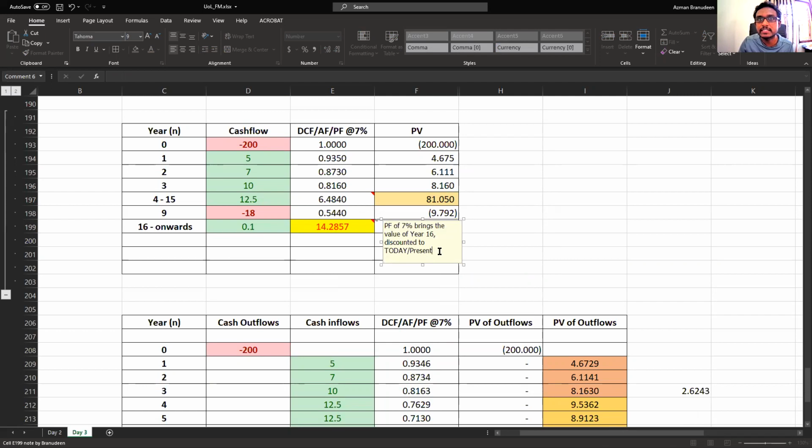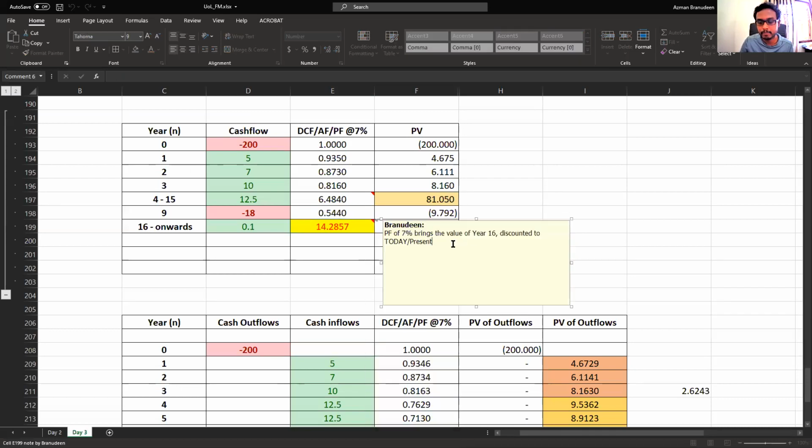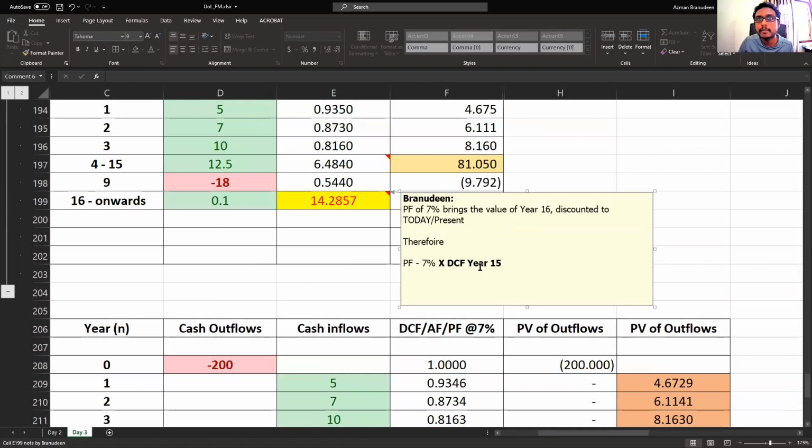So what I have to do, ideally, therefore, is perpetuity factor of 7% multiplied by DCF year 15, because I have to discount it back to year 0.